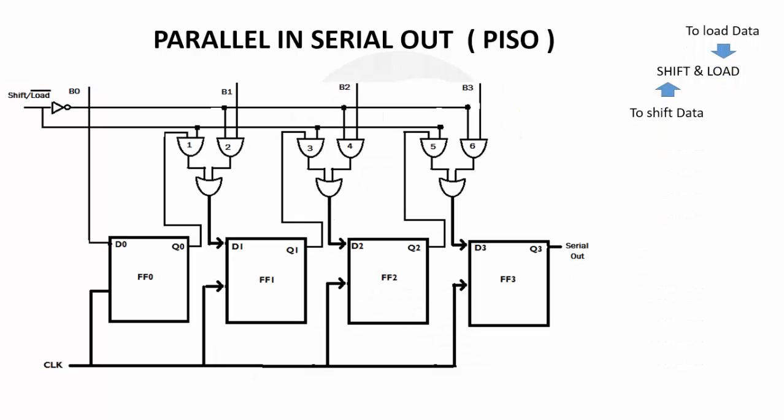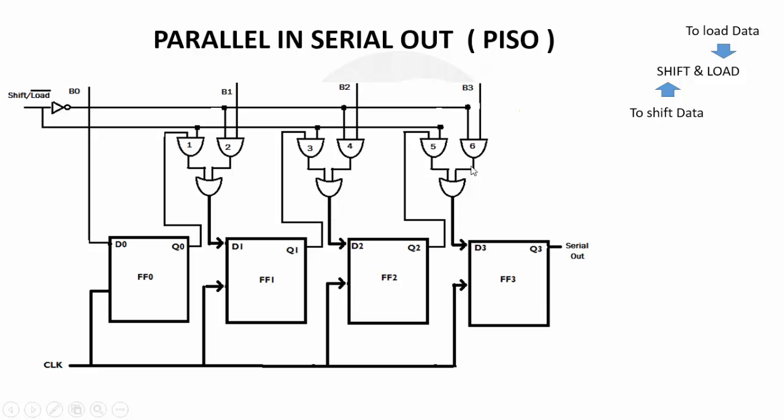Then, moving to the next configuration, that is parallel in serial out mode. Parallel in serial out mode has a somewhat different configuration or circuit diagram from the other shift registers that we have already seen. We have another combinational circuit before the input of every flip-flop.